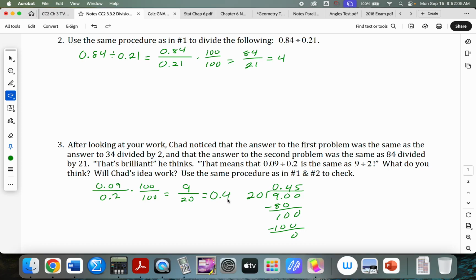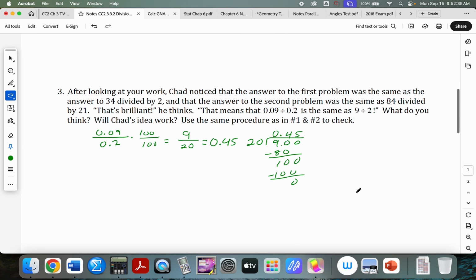So this is 0.45. So this is one way that you can divide two decimal numbers. Multiply by the highest place value over itself. If it's hundredths, 100 over 100. If one of them has something in the thousandths place, you have to multiply by 1,000 over 1,000. And then just do the division.